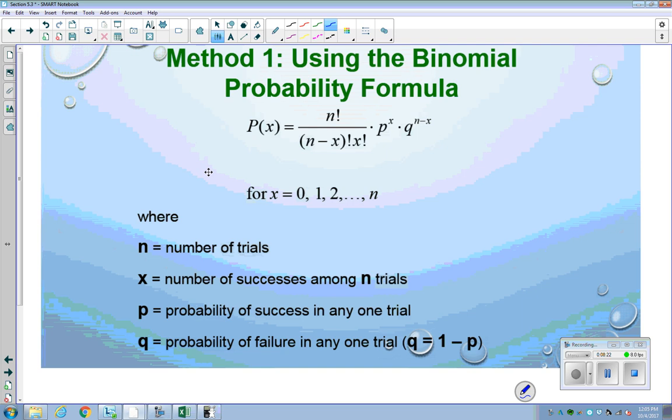N minus x, the number of outcomes that I want to be successful, and in the Twitter example that would be 3. So it would be 5 minus 3 to get 2 factorial. X again is 3 factorial. P is the probability of success, and the Twitter example was 0.85 raised to the x, the 3 I want, times Q. Q is the failure rate, 0.15 raised to the number of failures we would want, 2.